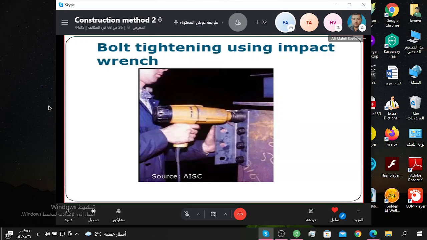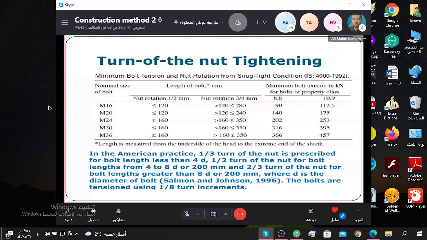Bolt tightening using impact wrench. The figure is shown. Turn of the nut tightening.